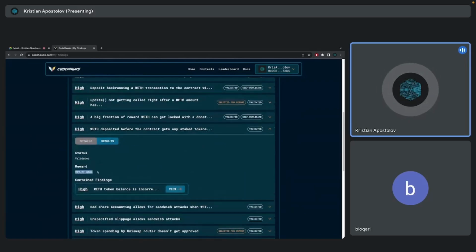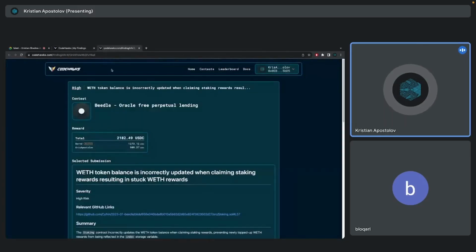This is, I believe, one of the higher paying ones. I believe it had like 2 or 3 duplicates. It actually had 2 duplicates, with me and Bernd, the guy that got first place.